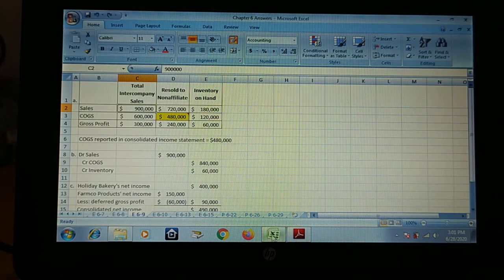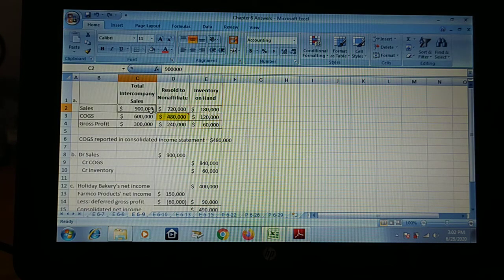So this is the table. For the sales, 900,000 is from the intercompany sales between Farmco and Holiday Bakery. The next data is that Holiday had 20,000 bags of flour purchased from Farmco on hand, so the ending inventory that Holiday still had at the end of the year is 20,000 bags.